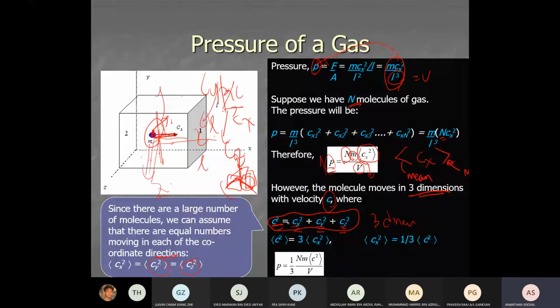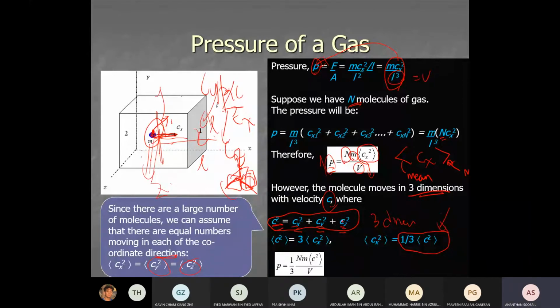So c squared equals cx squared plus cy squared plus cz squared. We found that cx squared, cy squared, and cz squared are the same. So what do we do? We make it 3cx squared, since all are the same. So cx squared is actually 1/3 c squared. What are we trying to do here?